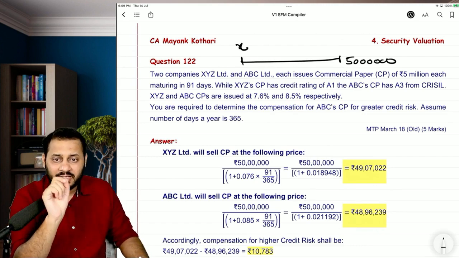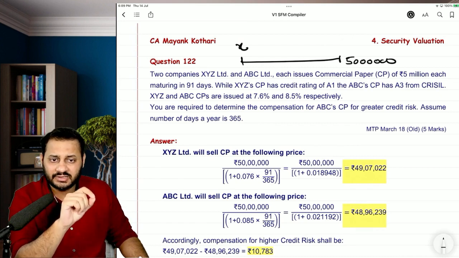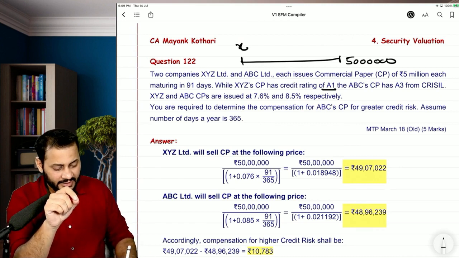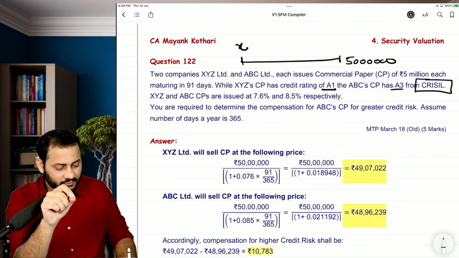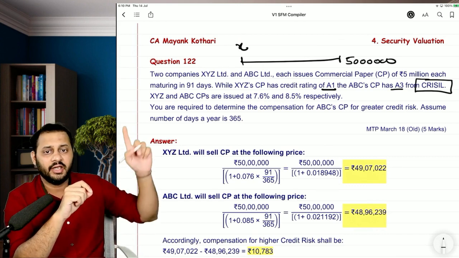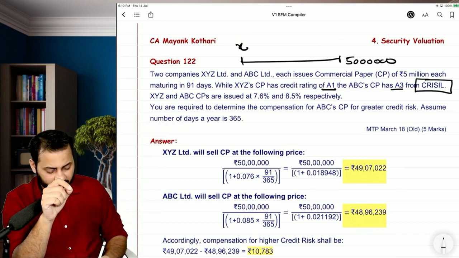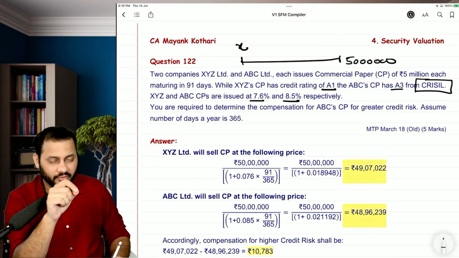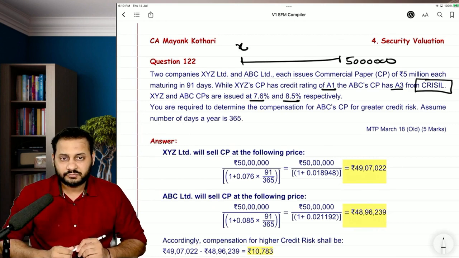While XYZ's commercial paper has a credit rating of A1, ABC's commercial paper has a credit rating of A3 from the credit rating agency CRISIL. XYZ and ABC commercial papers are issued at 7.6 and 8.5% respectively.